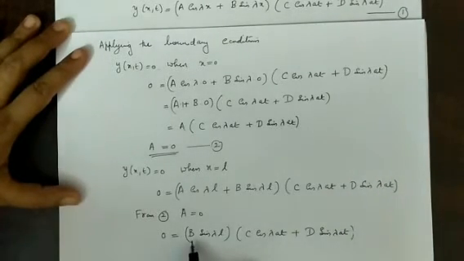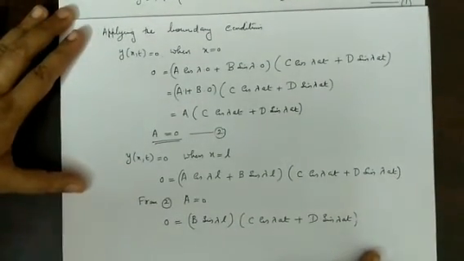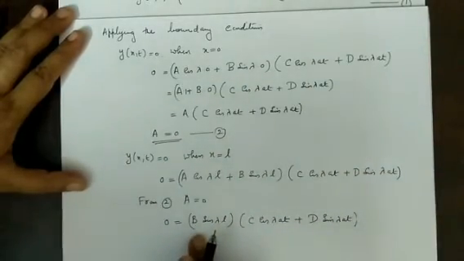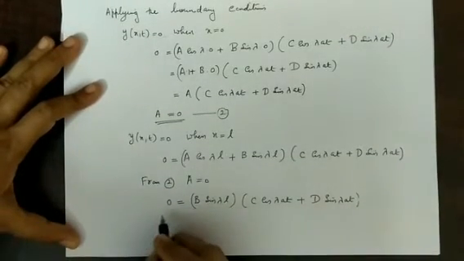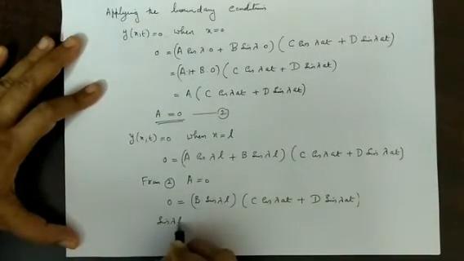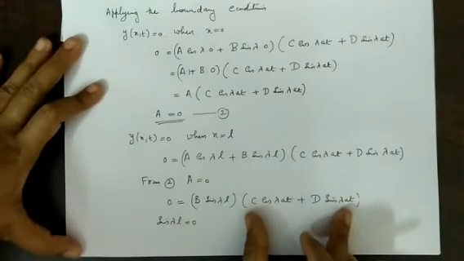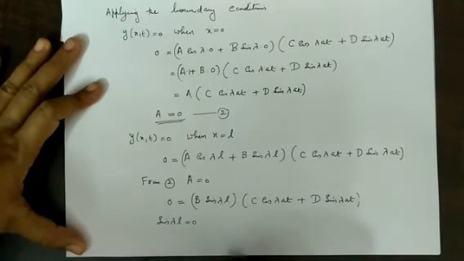Here also we have possibilities: b can be 0, sin lambda L can be 0, or the other term can be 0. If b equals 0, the whole solution becomes 0, so b is not equal to 0. This other term is also not equal to 0. Therefore, the only possibility is that sin lambda L is equal to 0.